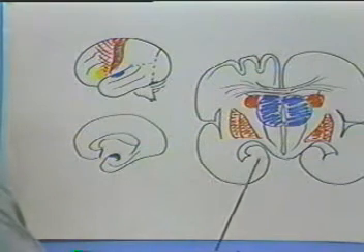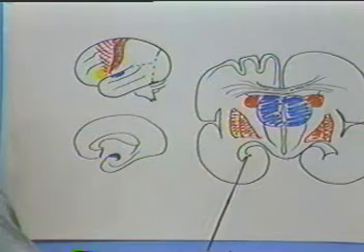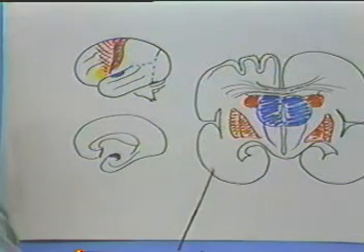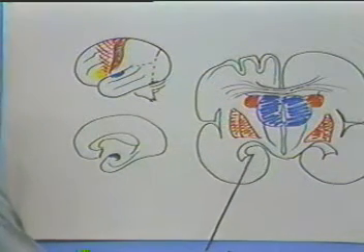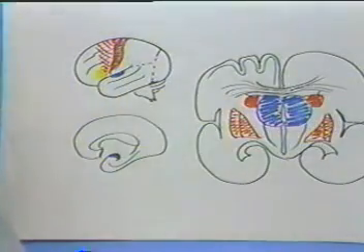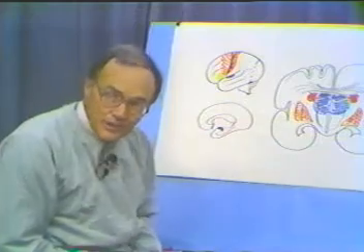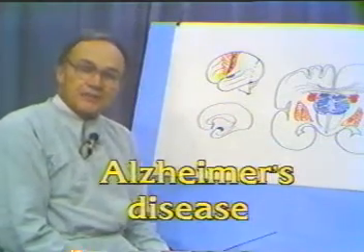The parahippocampal gyrus and the hippocampus ultimately receive fiber pathways from many areas of the cerebral cortex. And it has recently been shown that structures here in the parahippocampal gyrus are damaged in patients with Alzheimer's disease or presenile dementia.